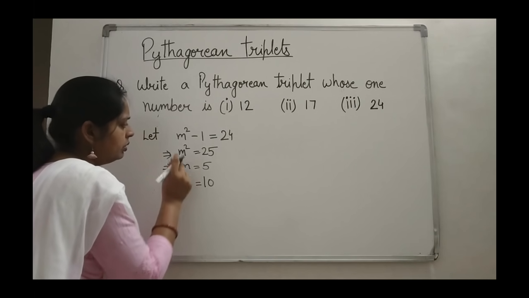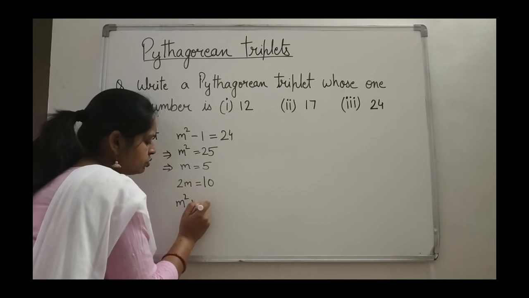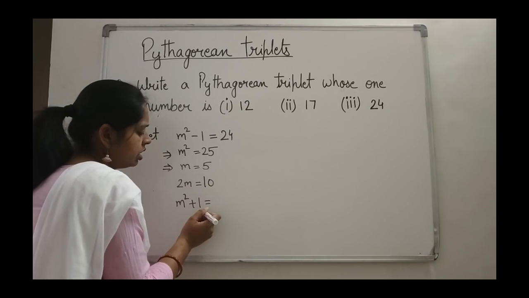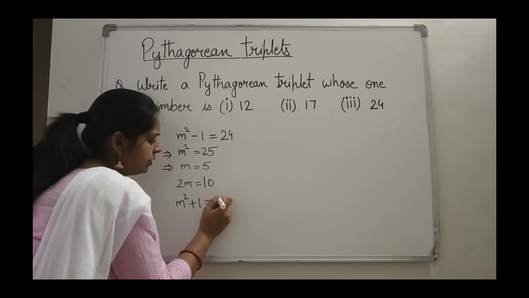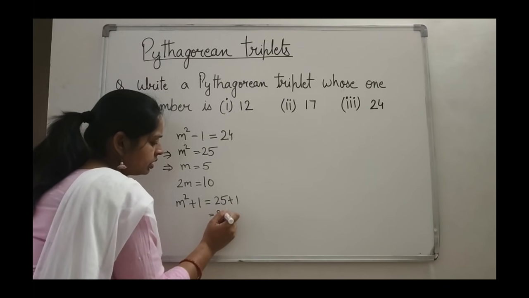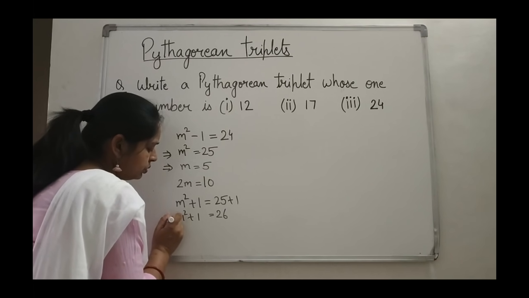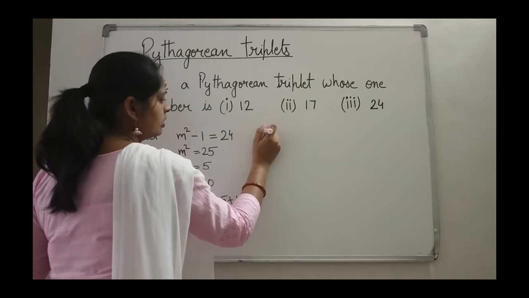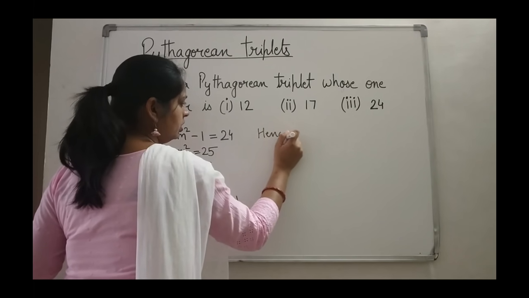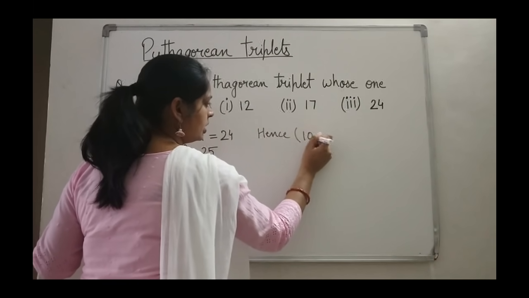Then m square minus 1 I already have. I need the value for m square plus 1. M square is 25, plus 1, so that is 26. So I got the value for m square plus 1 also. Hence, what Pythagorean triplet did I get? The first term is 2m, so the first number is 10.